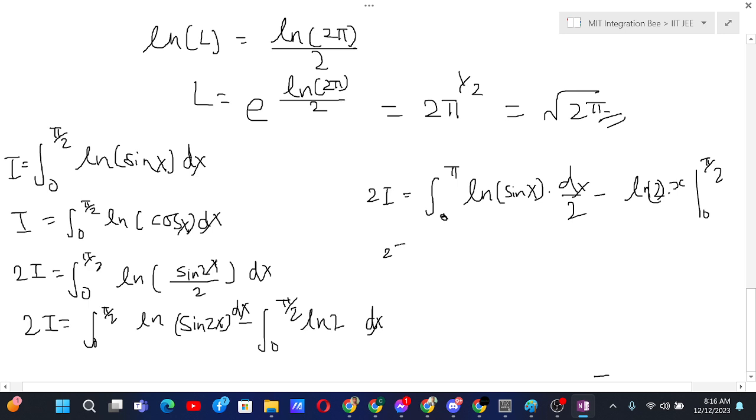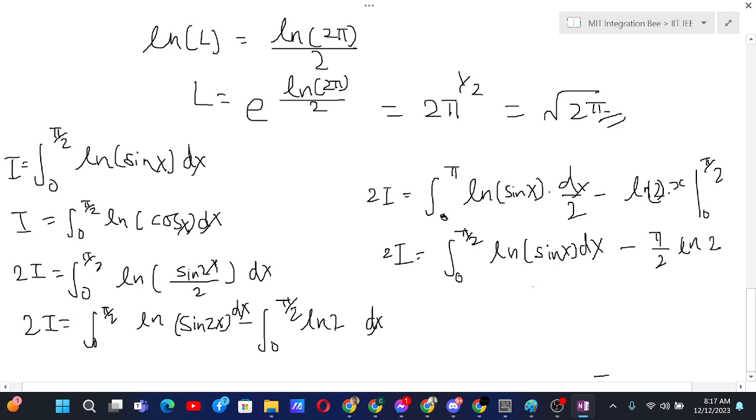So 2I will be equal to, okay, now the integral from 0 to pi of ln sin x, and I have already told that integral from 0 to pi by 2 or pi by 2 to pi, both of them will be equal, so this can be 2 times integral from 0 to pi by 2, and the 2 and 2 cancel out, so this will be integral from 0 to pi by 2 of ln sin x dx minus this one is just pi by 2 ln 2.